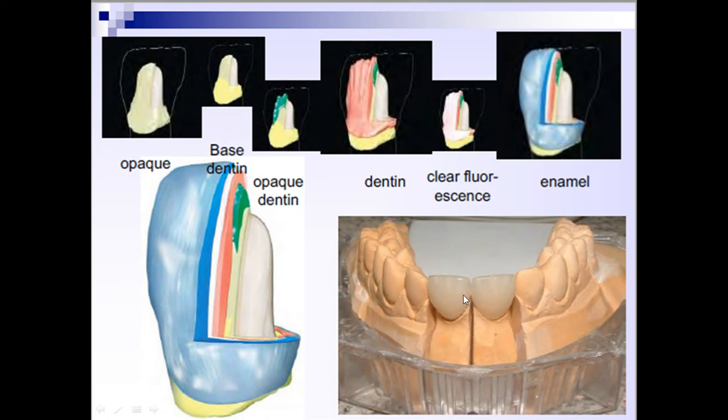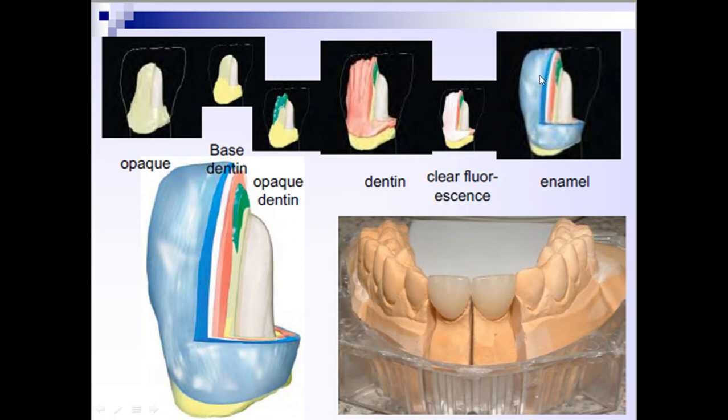Okay, in the previous class I was talking about ceramics according to their use. We were talking about opaque, dentine, enamel and all those things. So you can see all those things in this picture.